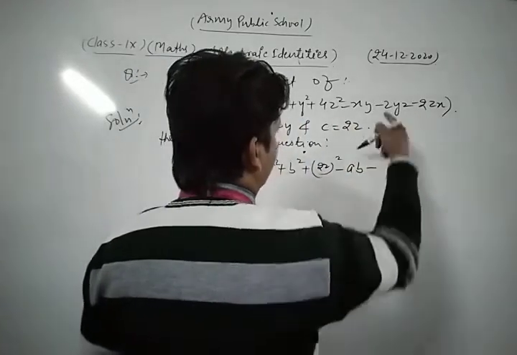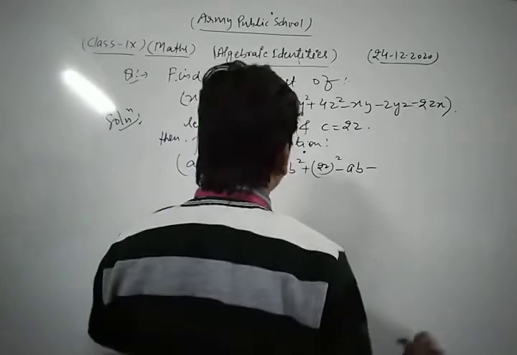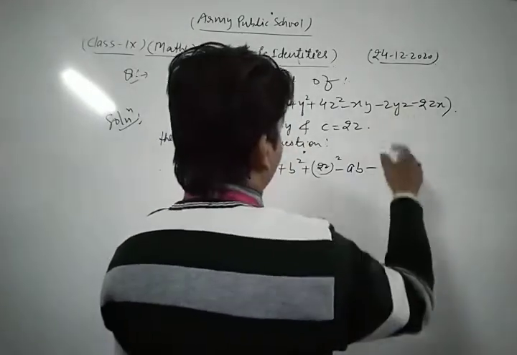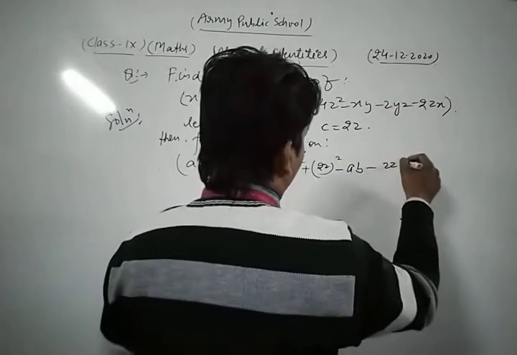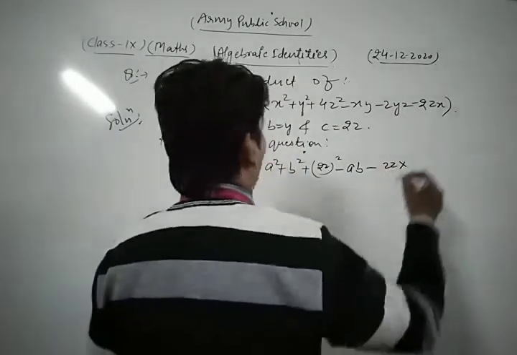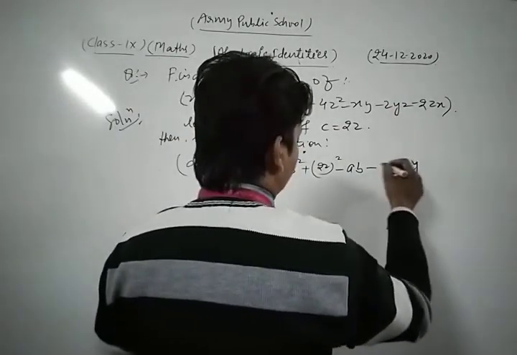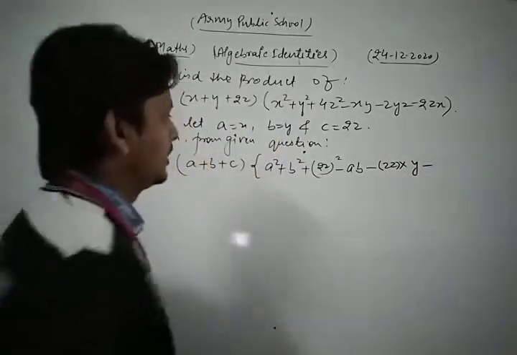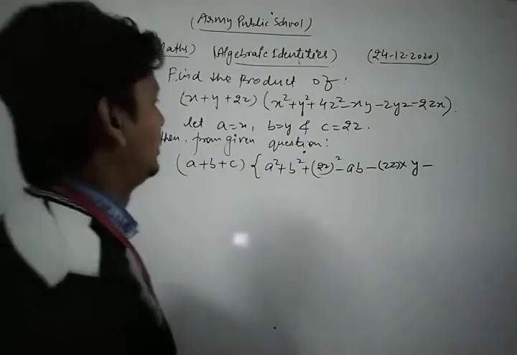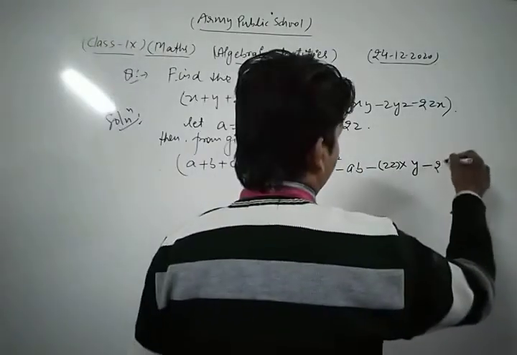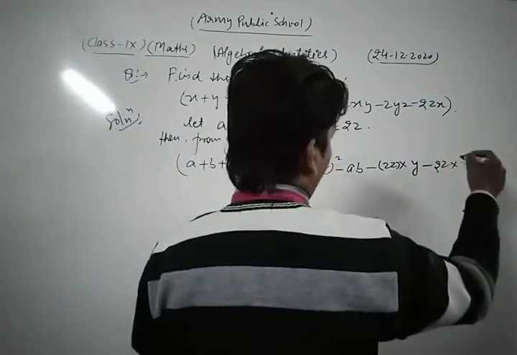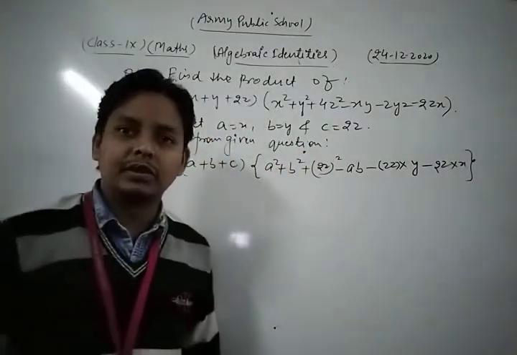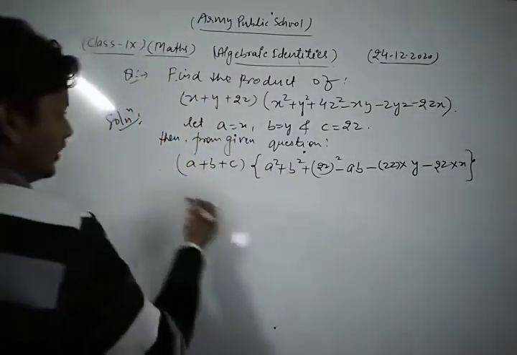Minus 2yz, we write as minus bc, so we write 2z into y. Now minus ca means we write 2z into x. First of all we arrange the given question in this way. Now we put the value of 2z.